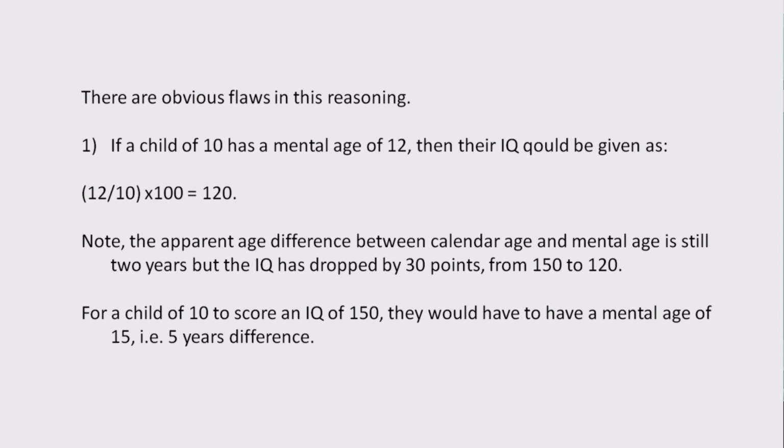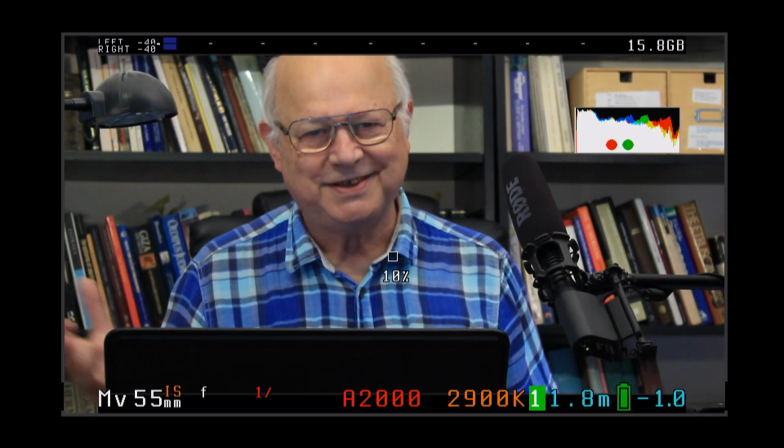So the apparent difference between the calendar age and mental age is still 2 years, but the IQ has dropped by 30 points, from 150 to 120. So you have your 10-year-old acting like a 12-year-old mentally, but they don't have an IQ of 150, like the 4-year-old acting like 6. They've dropped to 120. Is that fair? Is that right? Does it make much sense?